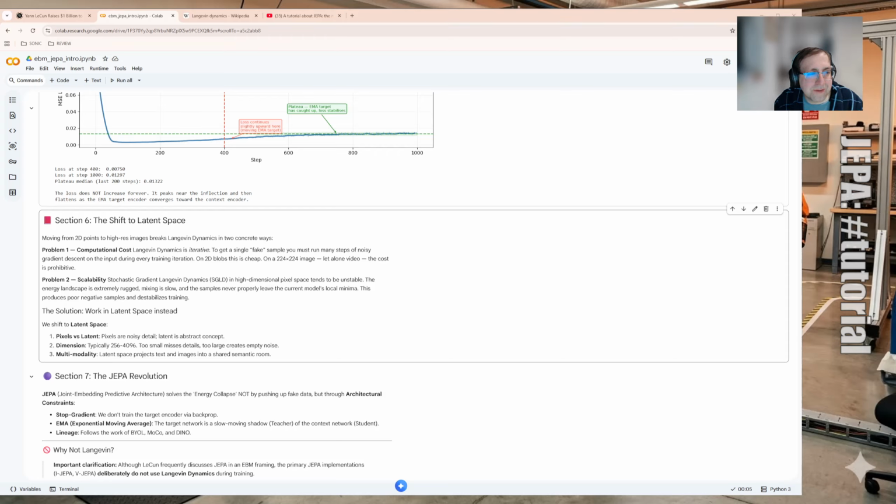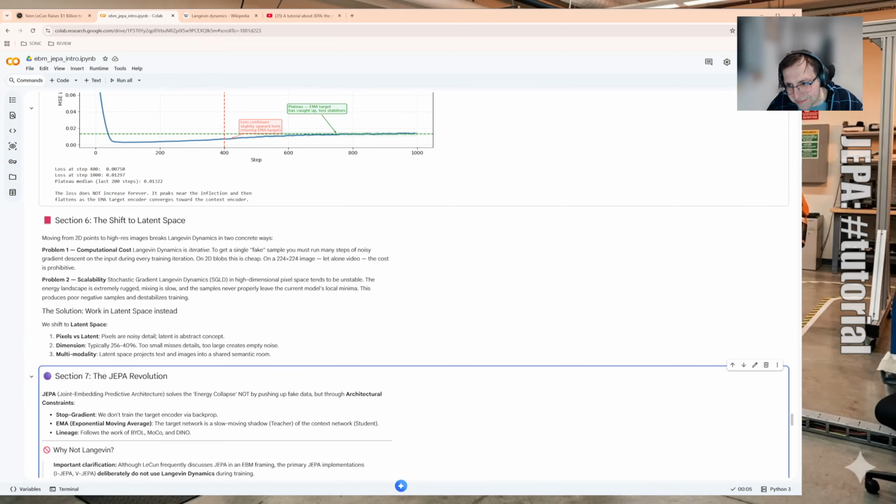So the solution, which is why this is very important, is this JEPA approach, where you work in latent space. You have typical dimensions, maybe you can operate at 256 or 4096 in the latent space, instead of, let's say, 150,000 in pixel space.